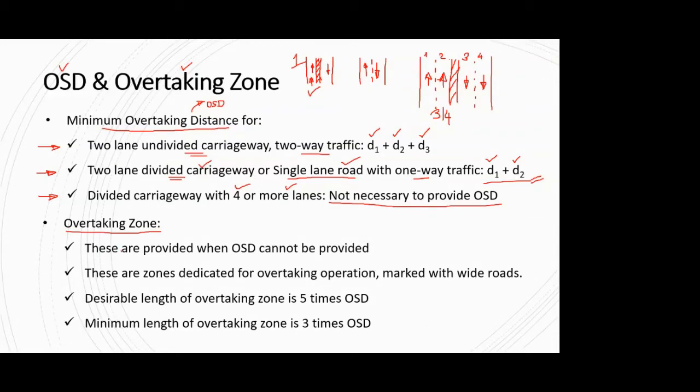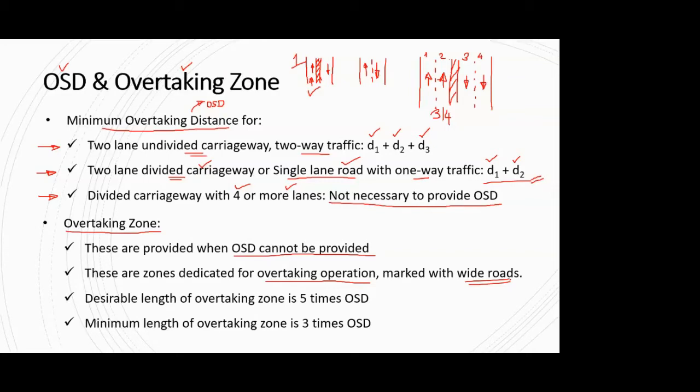So maybe in those cases where providing OSD is not possible, okay, their overtaking zone is provided. These are provided when OSD cannot be provided, and these are the zones which are dedicated only for overtaking operation.